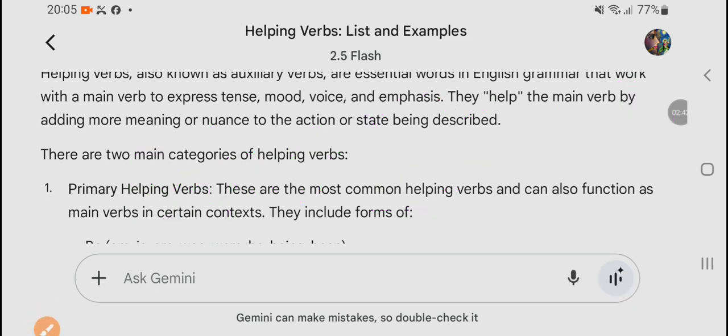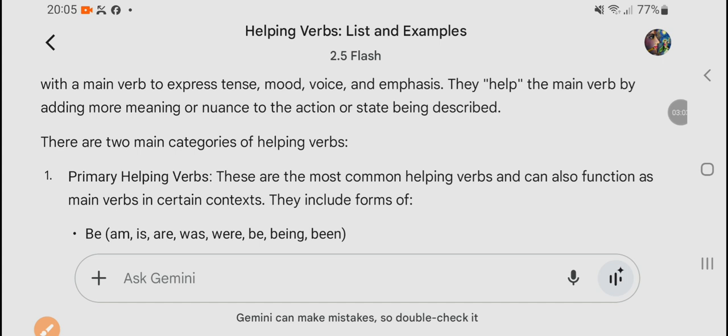Then emphasis: you have to go. So have to, have is that emphasis. I am rude. Yes, I am rude. So that is emphasis.